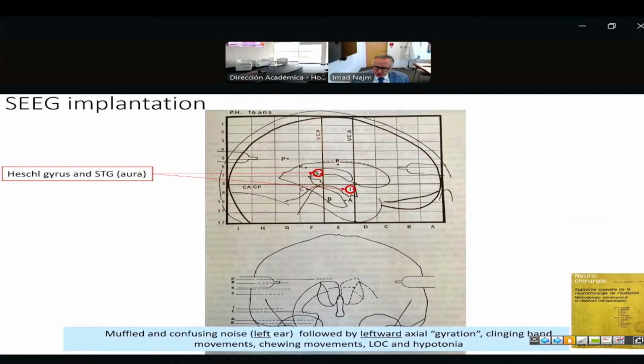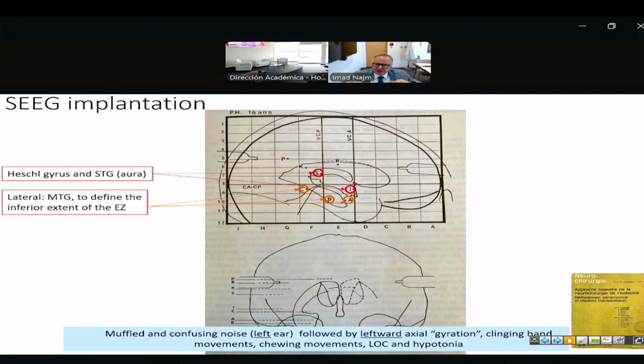These are two of the main areas that are responsible for primary hearing or secondary post-processing areas of the brain. The second part is to put electrodes in the middle temporal gyrus in order to define the inferior extent of the epileptogenic zone.